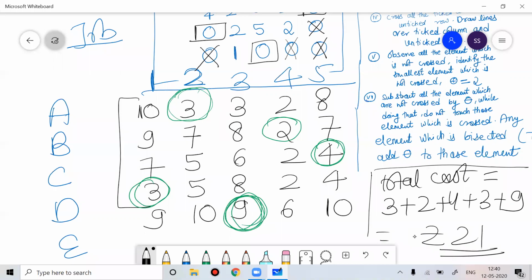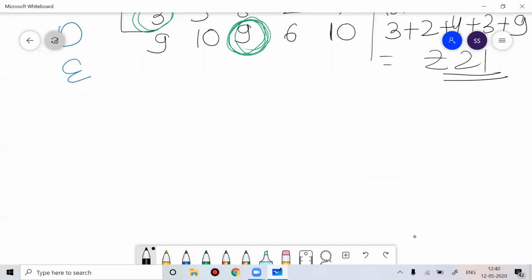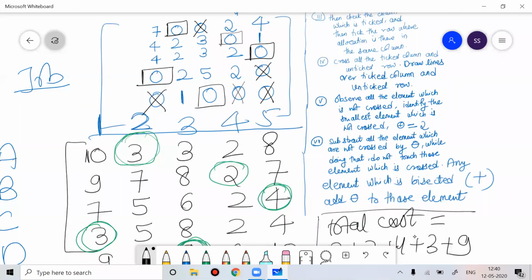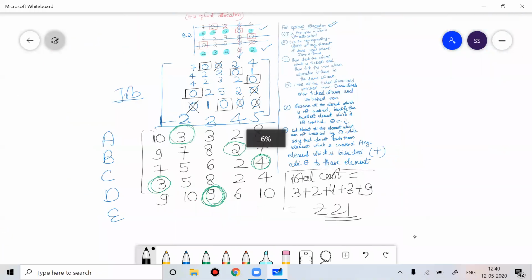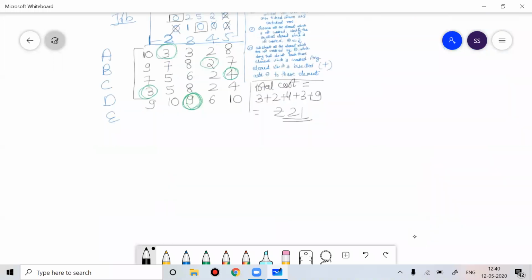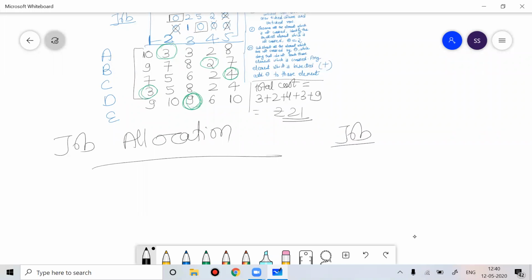Then you can write the job allocation at the last. Based on this, you can write job and mechanic.